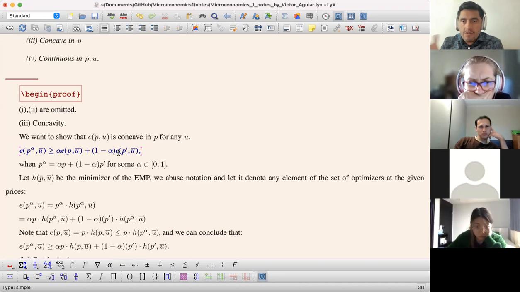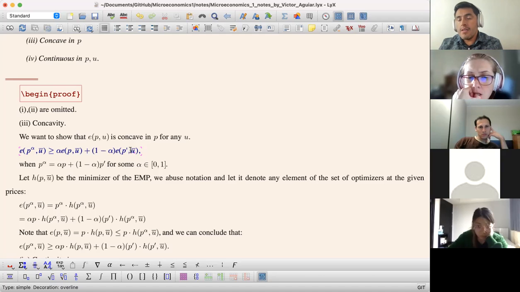The definition is very clear: if you evaluate the function at the convex combination price, this has to be above alpha E of P plus 1 minus alpha E of P prime, okay? This is concavity.